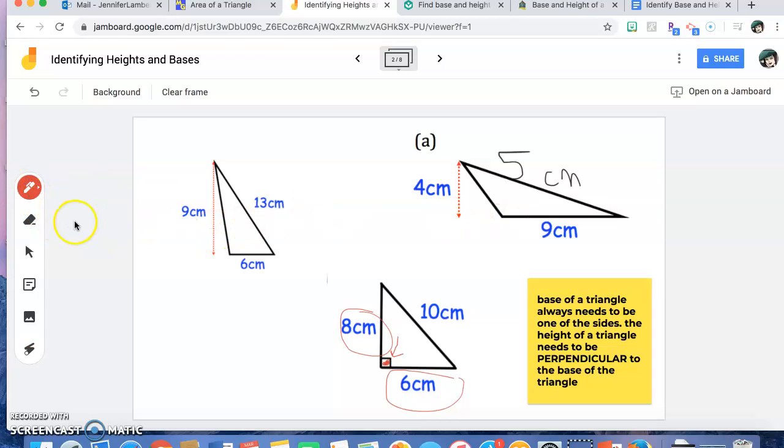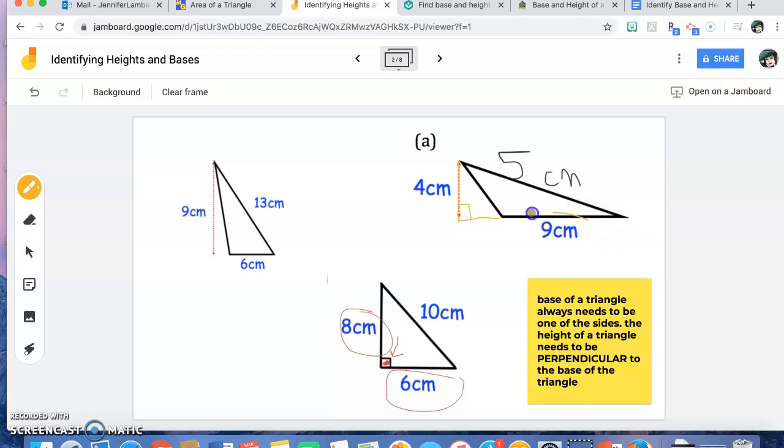So I need to somehow find a right angle. What we can do, if I was to extend this 9-centimeter line out and then draw up, I could have a right angle here. So now I would want to look at what's considered the base and the height.